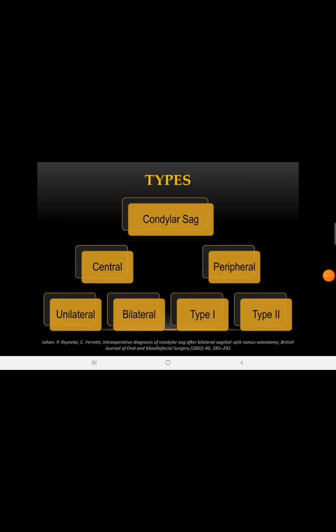Now coming to the types of condylar sagging, it can be either central condylar sagging or peripheral condylar sagging. The central condylar sagging can be unilateral or bilateral. Peripheral can be type 1 or type 2, and similarly can be unilateral or bilateral.